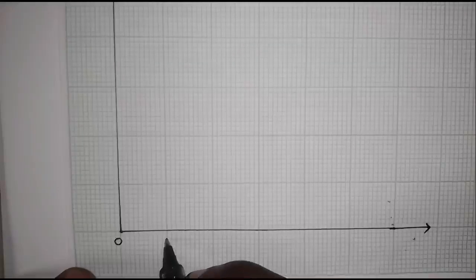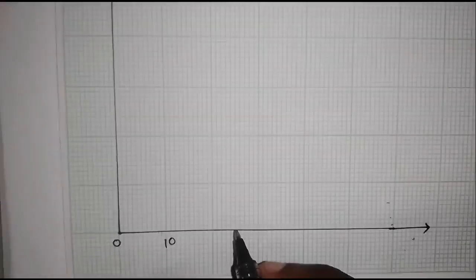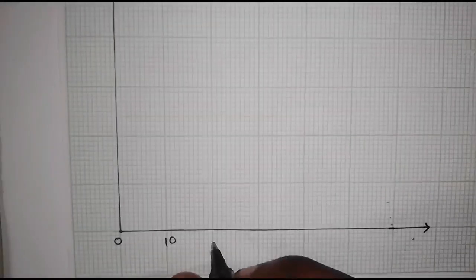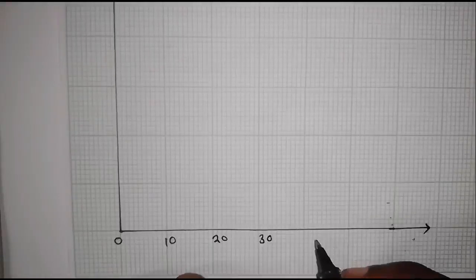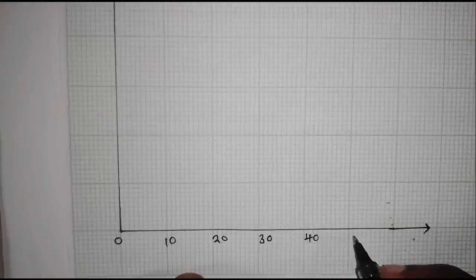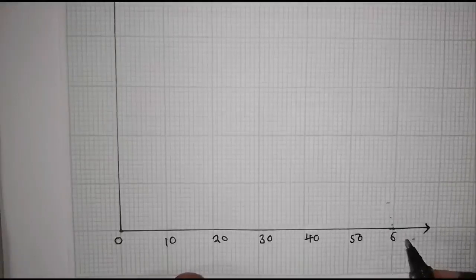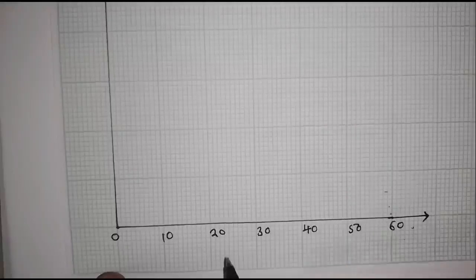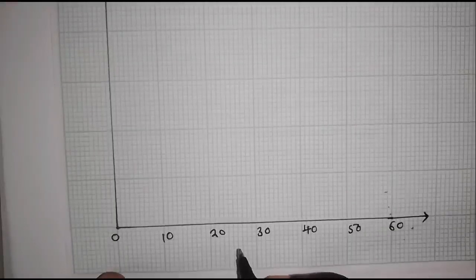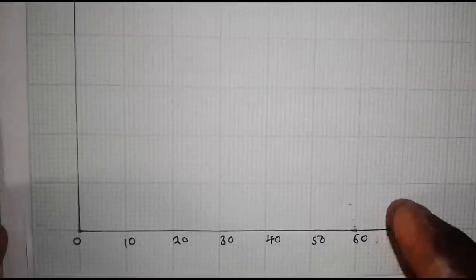This is 0, then this is 10, horizontally by the way, and this is 20, 30, 40, 50, 60. Okay, and this is the edge.